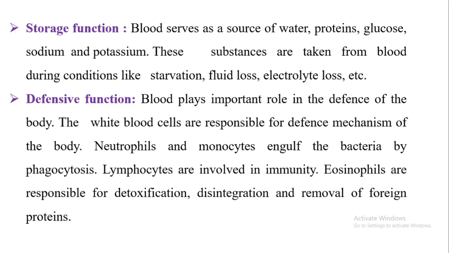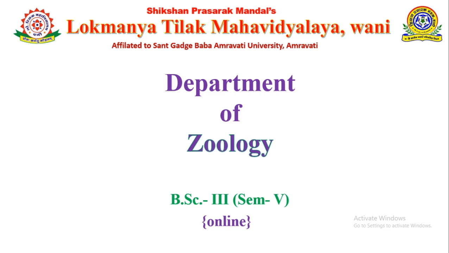The WBCs, which are also called the soldiers of our body, are responsible for the defensive mechanism of the body, especially neutrophils and monocytes. They are phagocytic in function, so they engulf the bacteria, and the lymphocytes are involved in immunity. Acidophils are responsible for detoxification, disintegration and removal of foreign proteins. So this is all about the parts of blood.